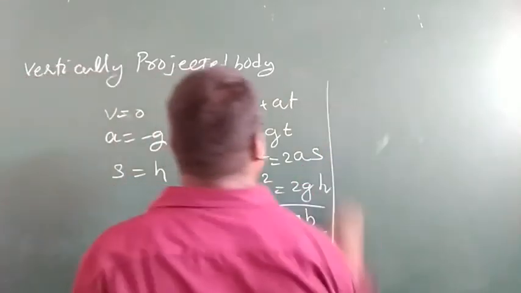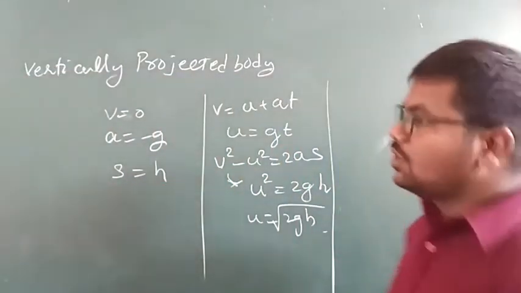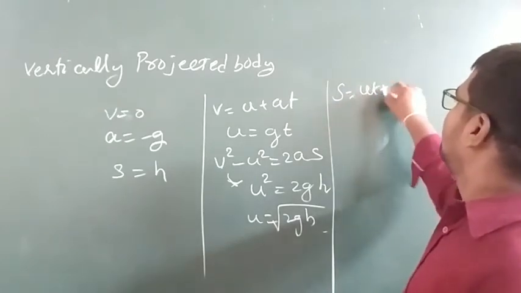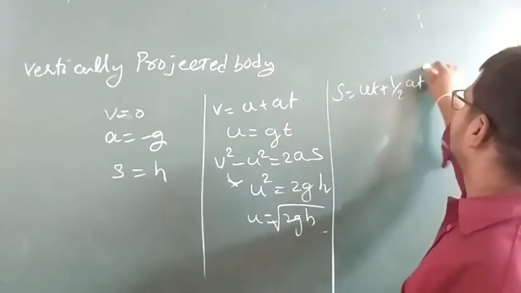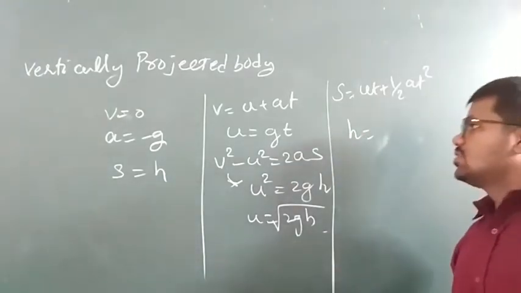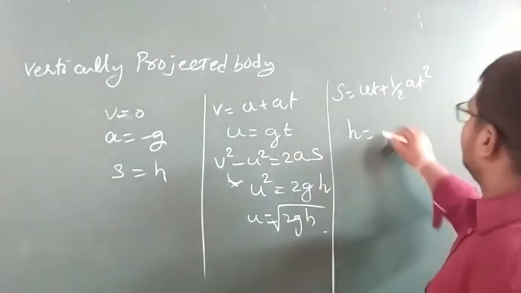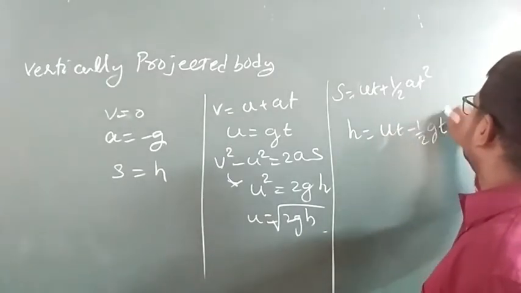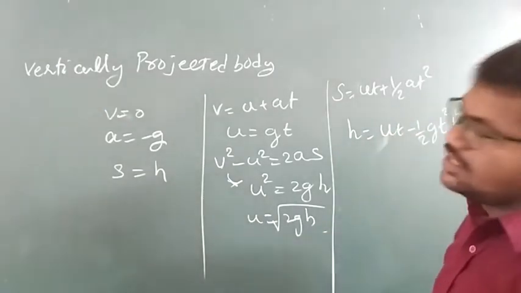Next, S is equal to ut plus 1 by 2 at square, so H is equal to ut minus 1 by 2 gt square.